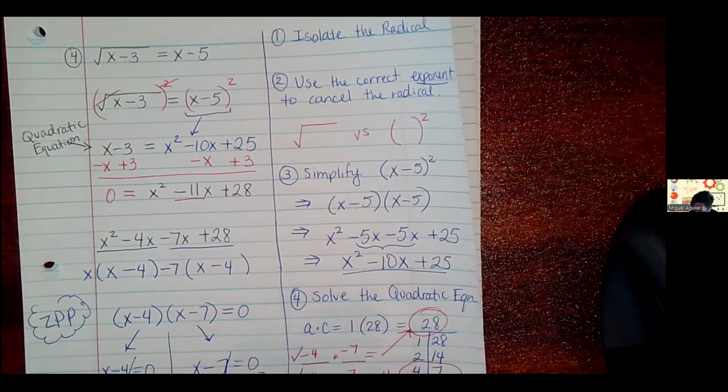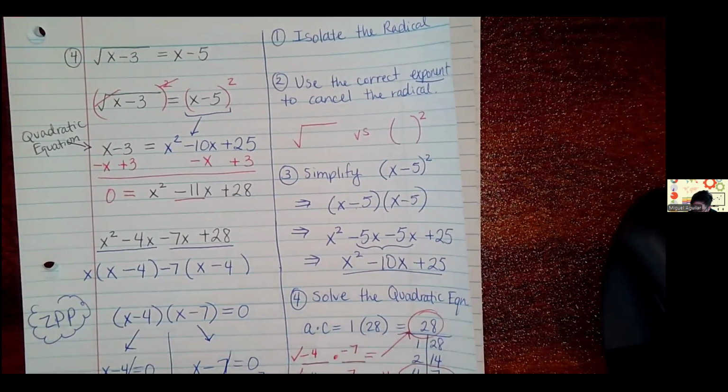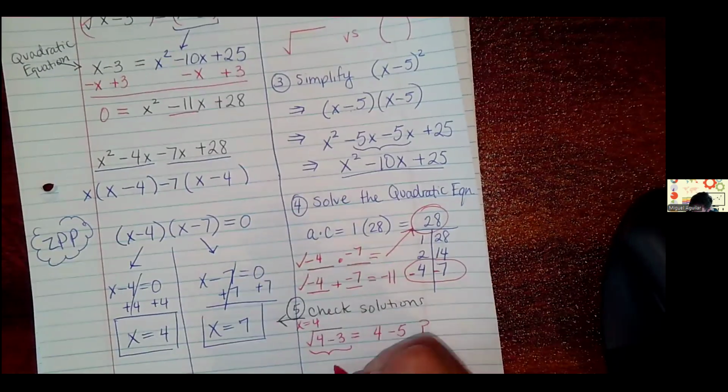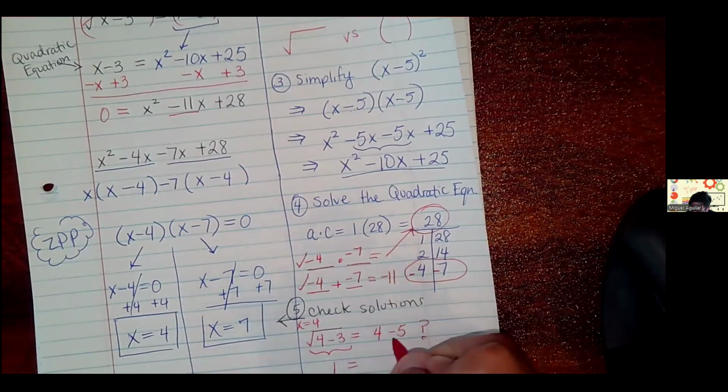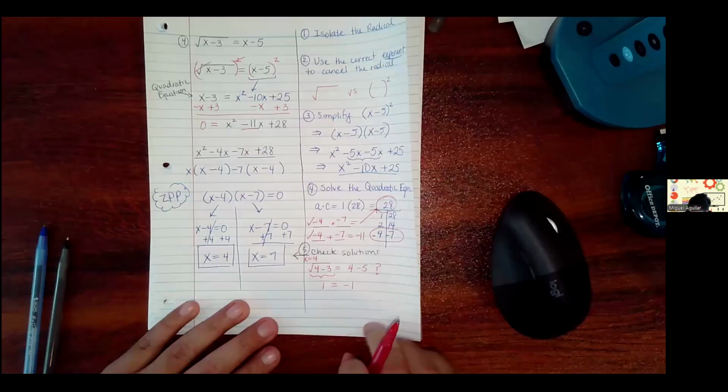So I'm using one solution here, x equals 4, to see, is this a true statement? If I evaluate this in the calculator, I get 1 is equal to 4 minus 5 is negative 1. Okay, let me zoom out so you guys can see.